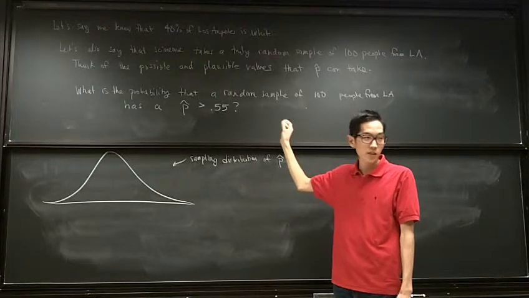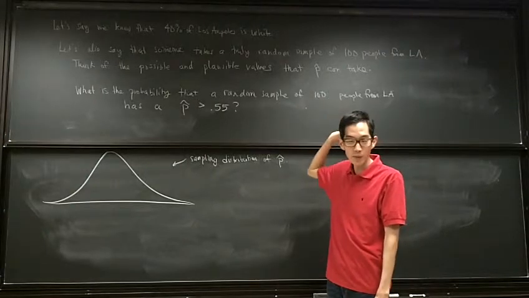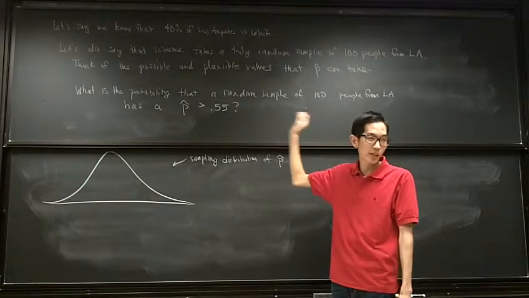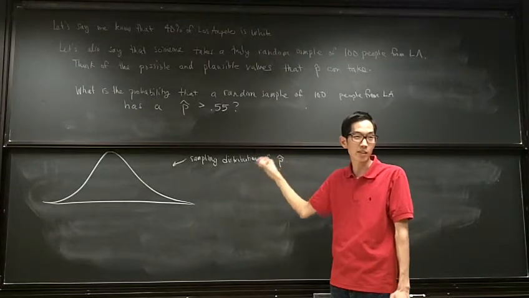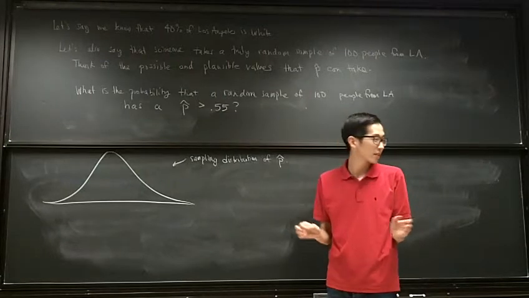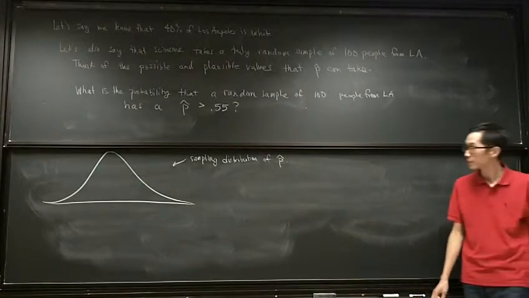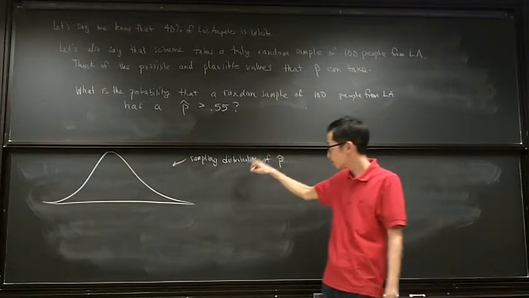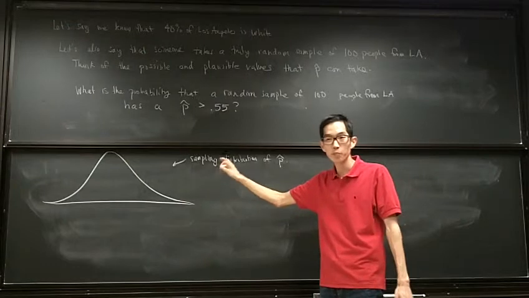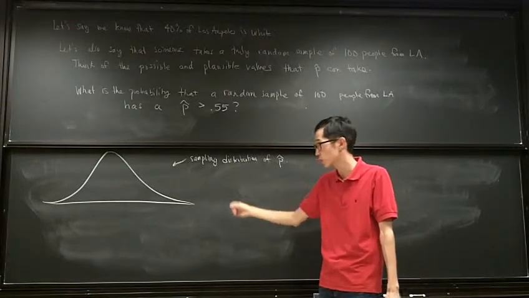You've got to think there's a very large number of samples of 100 people that we can get, right? If we just randomly select 100 people from Los Angeles, there's a whole bunch of different samples that I might possibly get. This represents all the possible values of p hat that I might get, and it's going to look like a normal distribution.